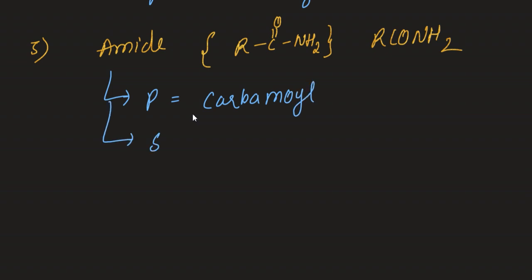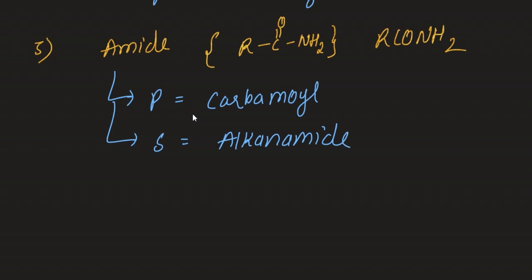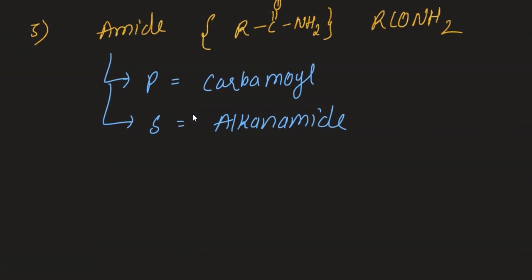Whenever it is acting as a suffix, then the name is alkanamide: methanamide, ethanamide, like that. Alkanamide. Alkyl indicates what? Methyl, propyl, butyl. Next, sixth one, can I say done with the first part?